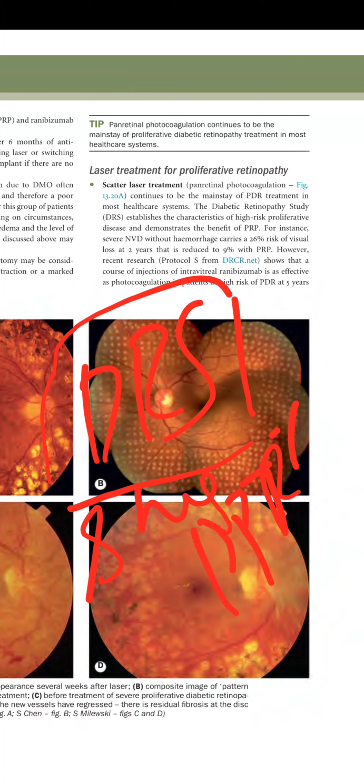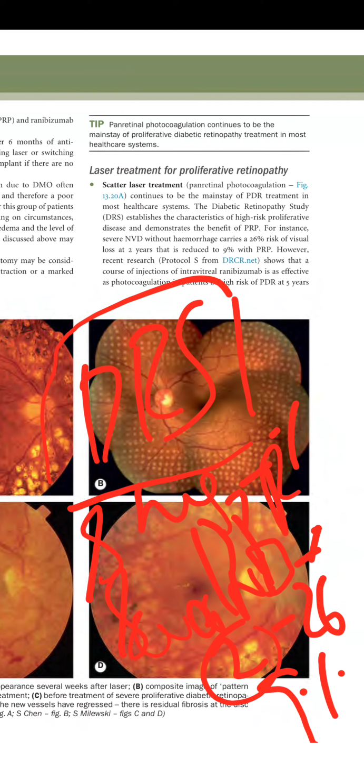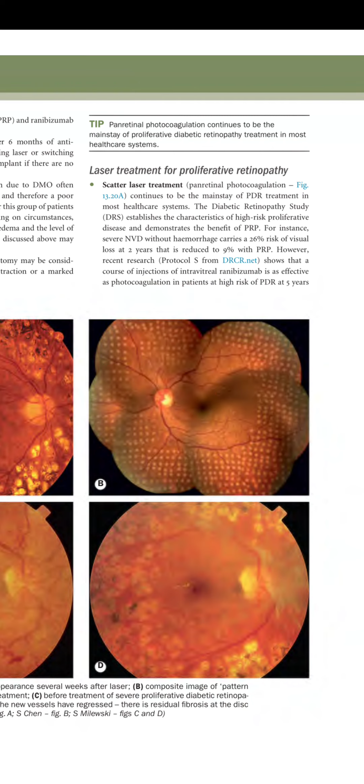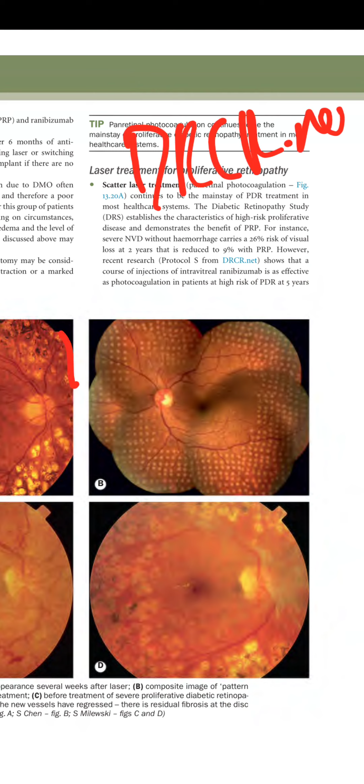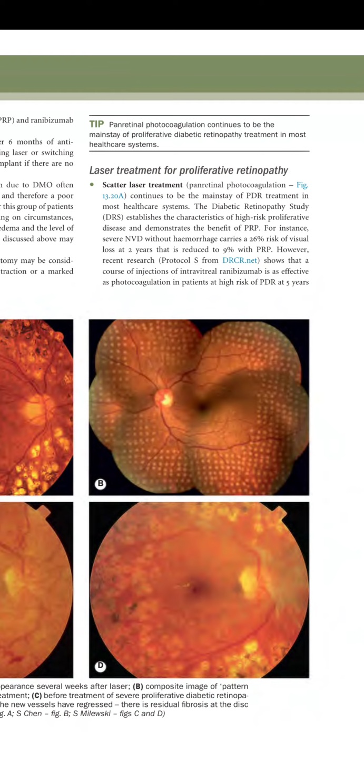For example, if there are severe NVDs without hemorrhage, the risk of visual loss at 2 years, which is about 26%, can be reduced to 9% with PRP. And Protocol S is the DRCR.net protocol, which shows that intravitreal ranibizumab is as effective as photocoagulation in high-risk PDR at 5 years.